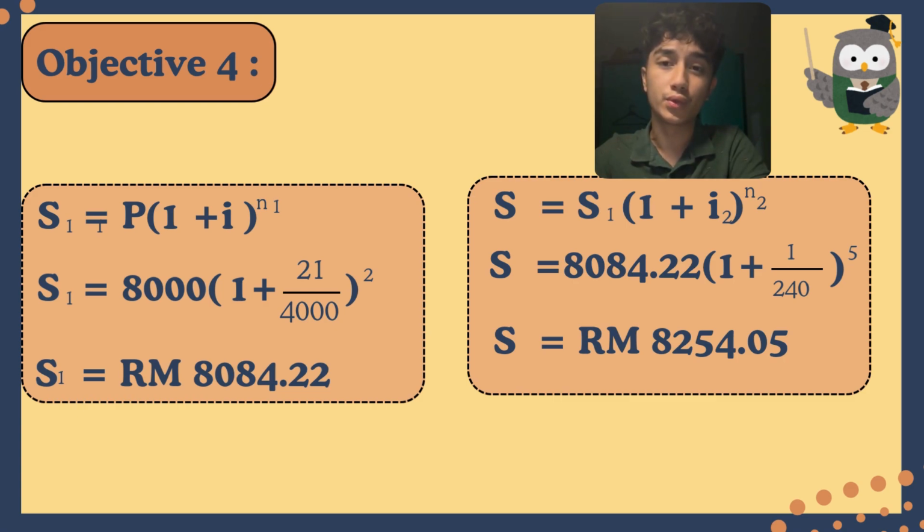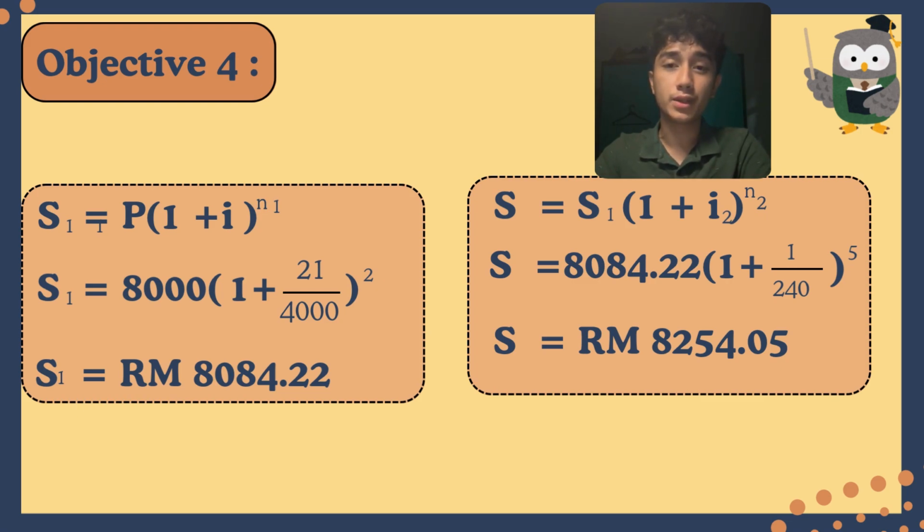For objective 4, we need to find the accumulated amount. So we need to use the accumulated amount formula, which is S1 equals P1 open bracket 1 plus i close bracket to the power of n1. So let's insert the values. S1 equals 8,000 open bracket 1 plus 21 over 4,000 close bracket to the power of 2.